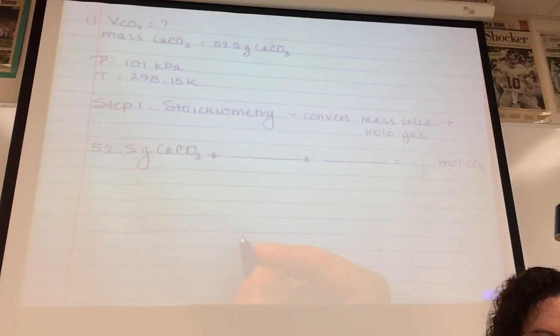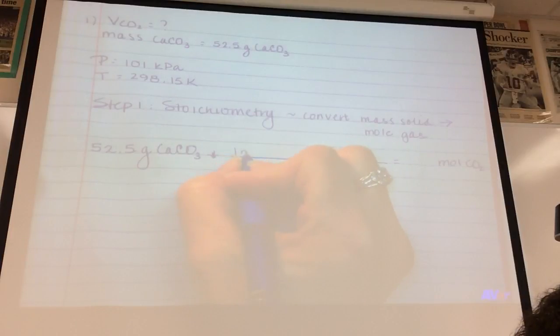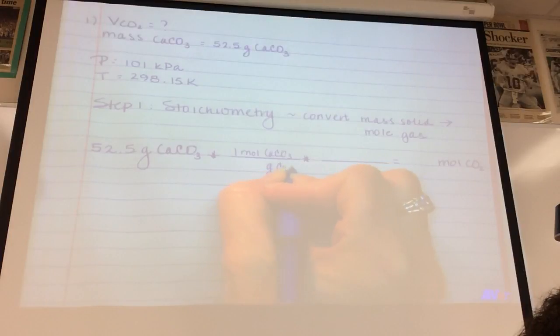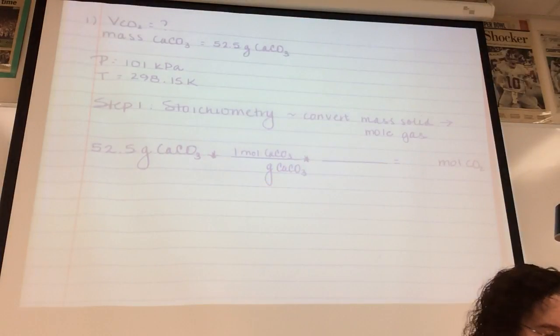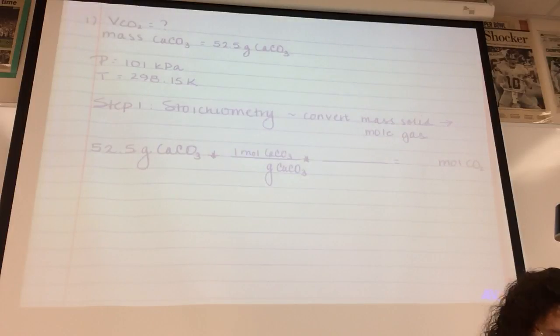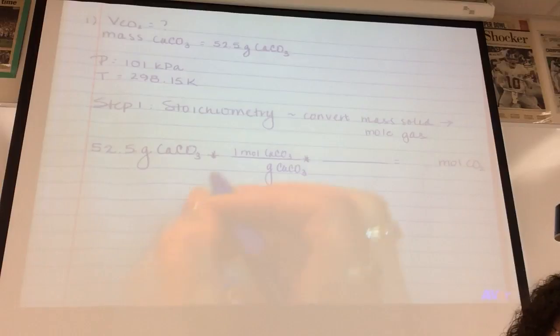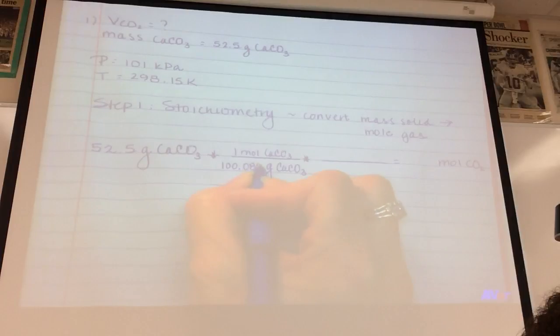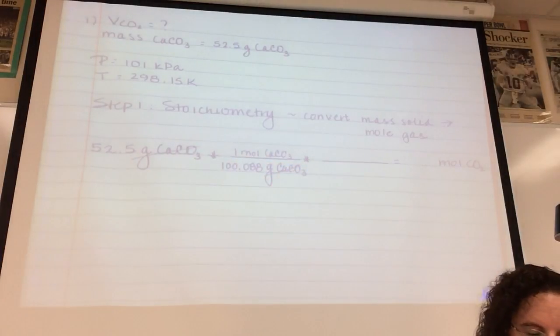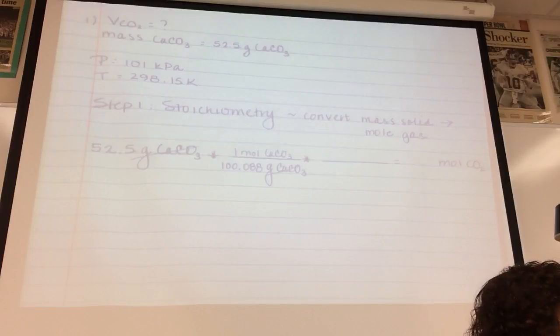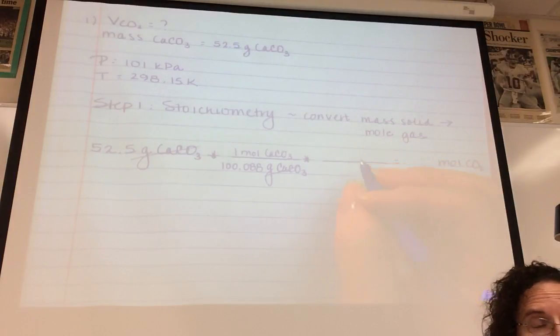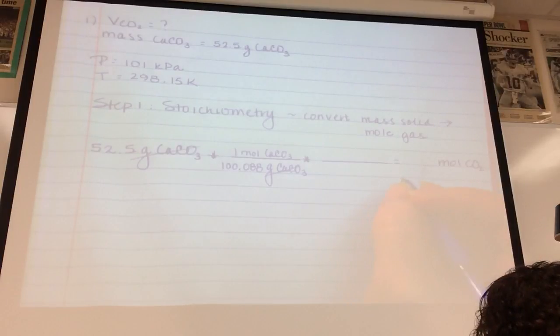You have already illustrated mastery of this concept from quizzes and tests. 1 mole of calcium carbonate is equal to its mass in grams from the periodic table. Calcium is 40.08, carbon is 12.011. You have 3 oxygen at 15.999, and that's going to be 100.088. Here's where the stoichiometric coefficients come in from the balanced chemical equation, which may or may not be provided. You may have to write one yourself.